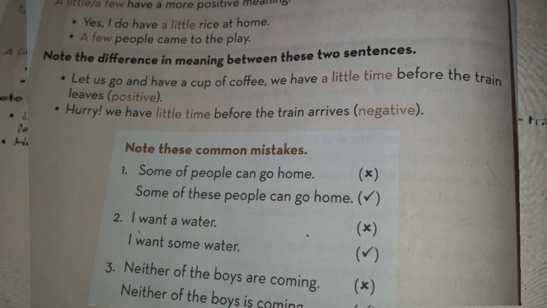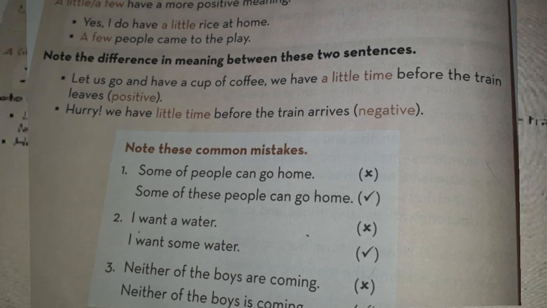So, I want some water can be used. Neither of the boys are going. It's a wrong statement. Neither of the boys is going. Here, I told you, everybody, everyone, anyone are considered as singular. The same thing here, neither is considered as singular.